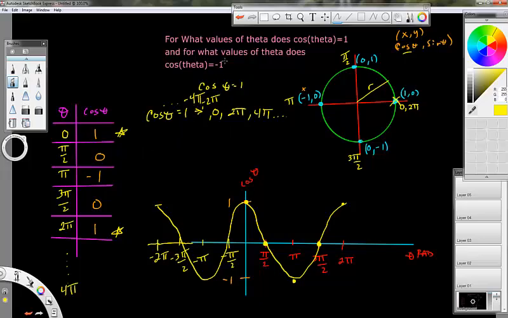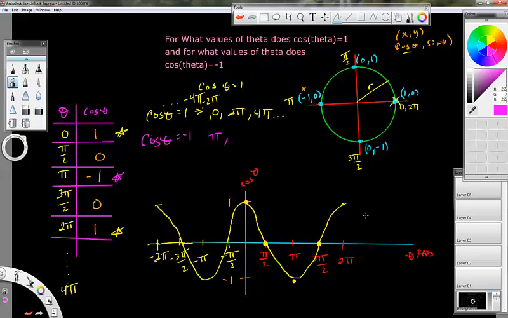To answer the second question, because I'm kind of going a little bit long here, the values where the cosine of theta equals negative 1 would be all these values. I'll color code this in purple. So it'd be pi. I'll just list a few here. And the next one, what would the next one be?